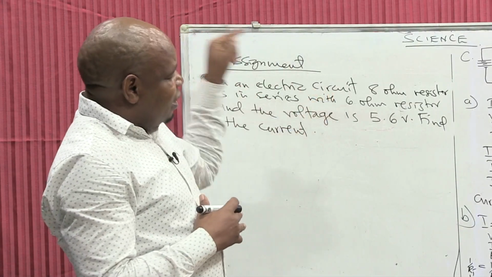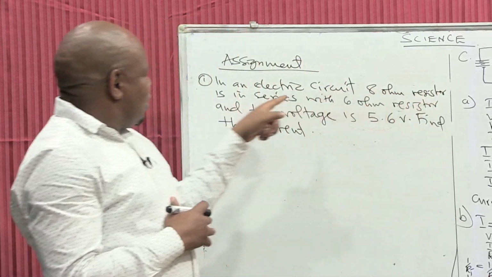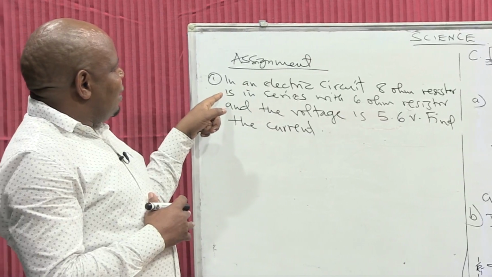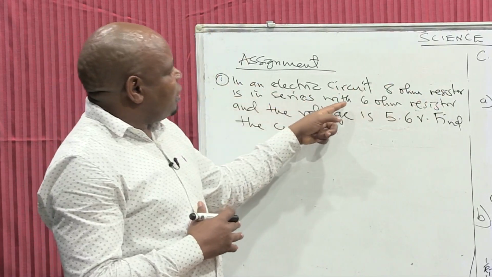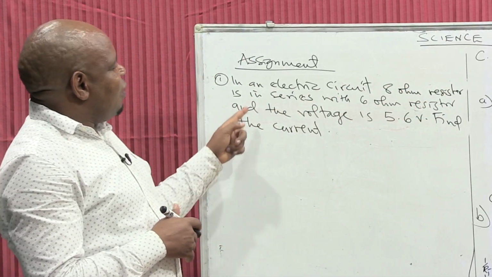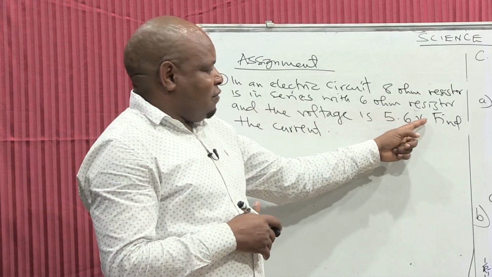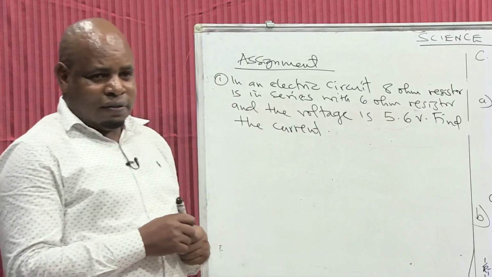You have been given an 8 ohm resistor, and the 8 ohm resistor is in series with a 6 ohm resistor, and the voltage is 5.6 V. Find the current.